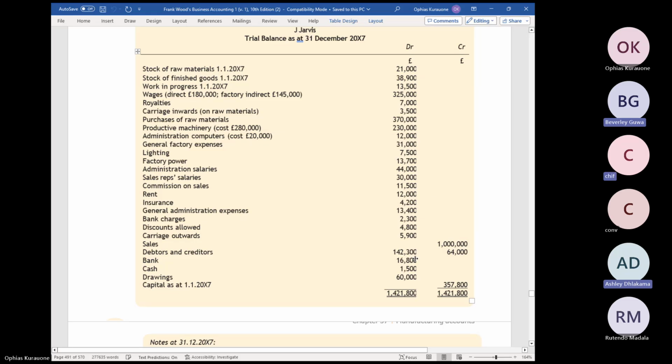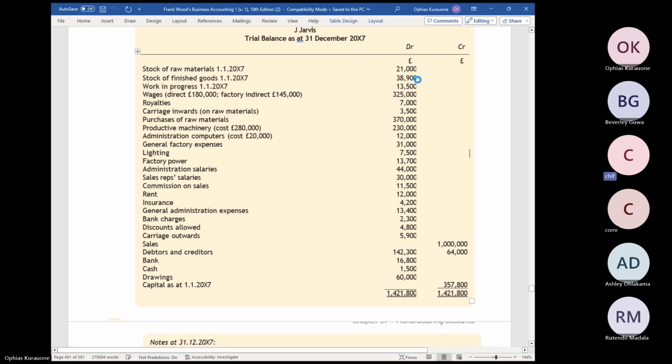Trial balance is at 31 December 20x7. Stock of raw materials 21,000.